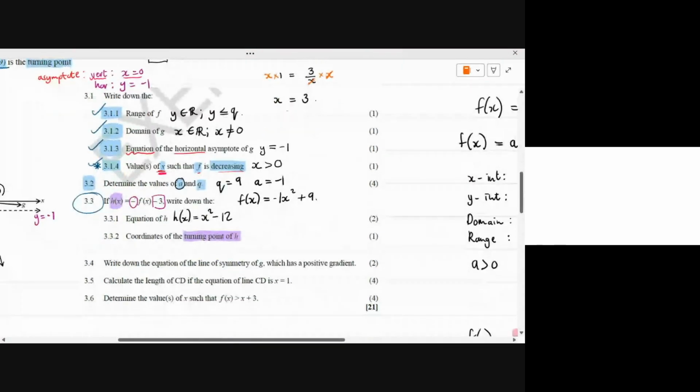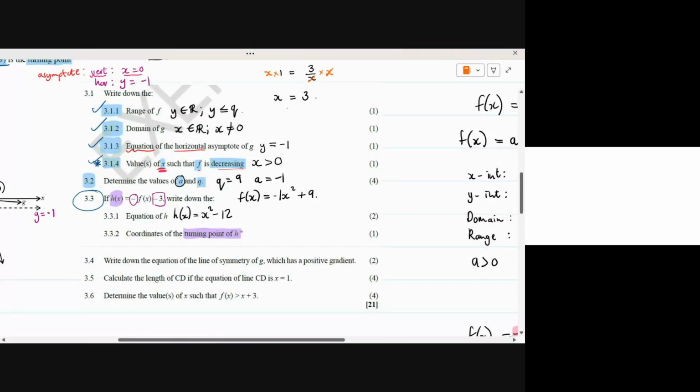So the coordinates of the turning point of our new graph, who can tell me what the new coordinates will be? That's it, not just minus 12. We want a coordinate. Remember, guys, a coordinate must look like this: there must be a bracket, a comma, a bracket. We need (0; -12).